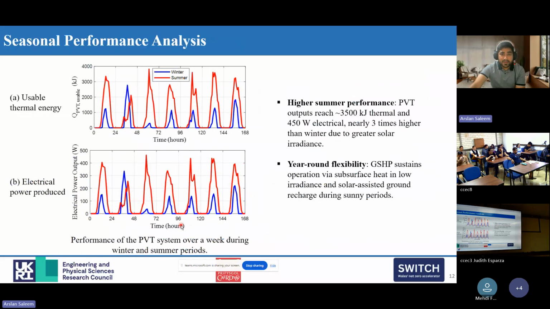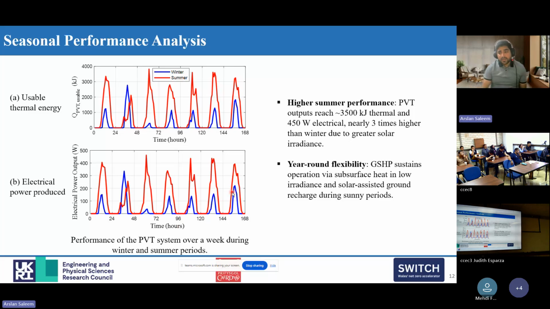Here is the system performance analysis. Higher summer performance was observed for the PVT, as the PVT system performance varied seasonally, with some summer outputs reaching up to 3,500 kilojoule thermal and 450 watt electrical, which was nearly 3 times higher than winter due to greater solar irradiance and longer day hours.